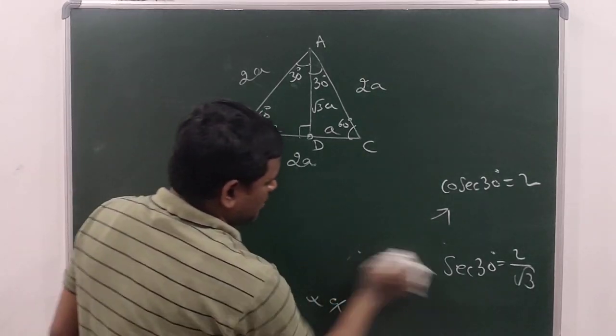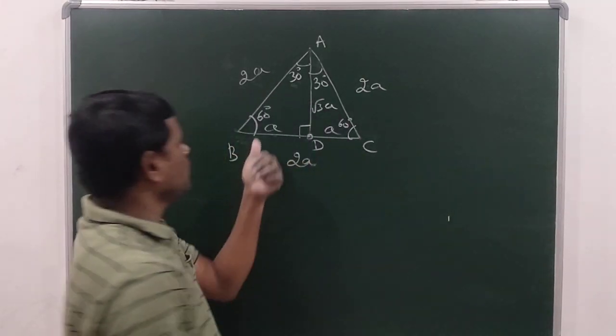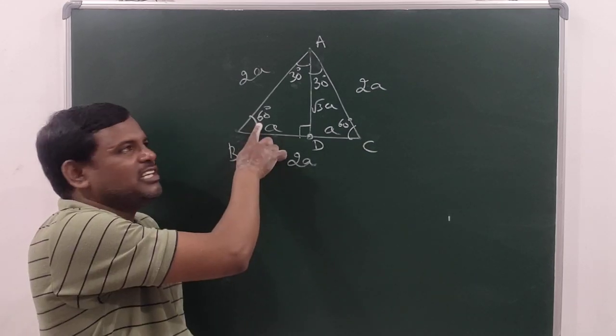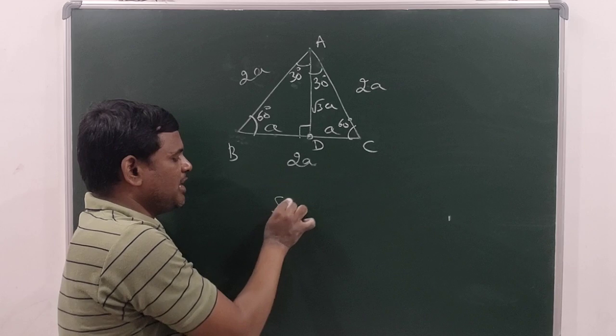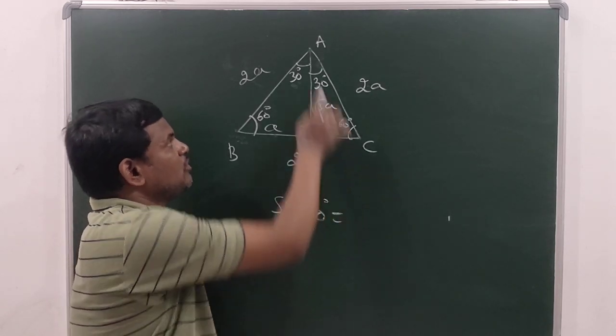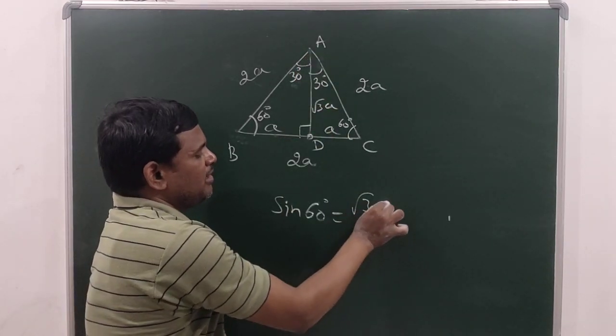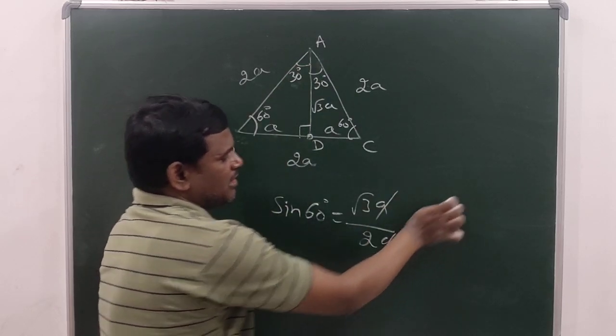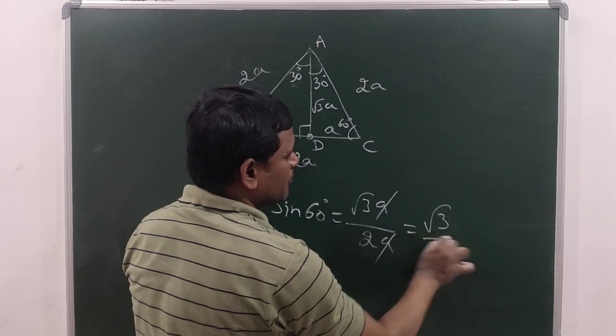Similarly, go to here and define sin 60. With respect to 60, this is opposite. So sin 60 degrees is equal to opposite, root 3a, by hypotenuse, 2a. A cancels. Now root 3 by 2.